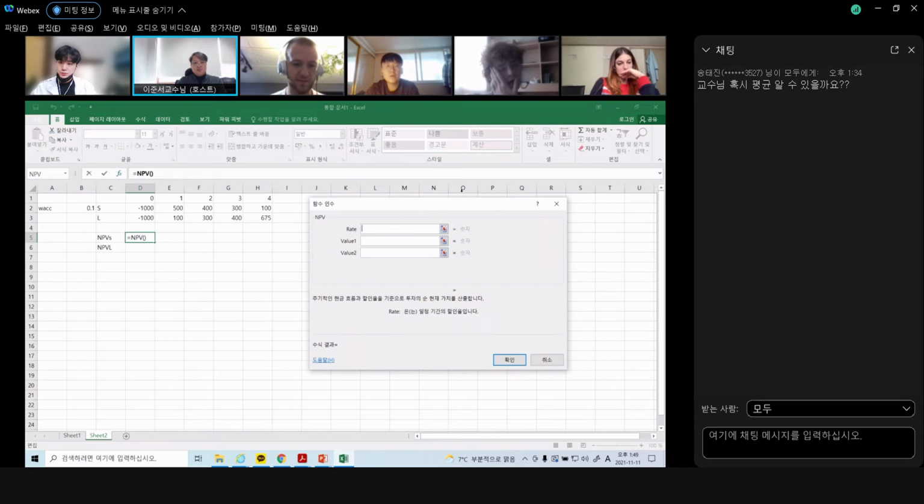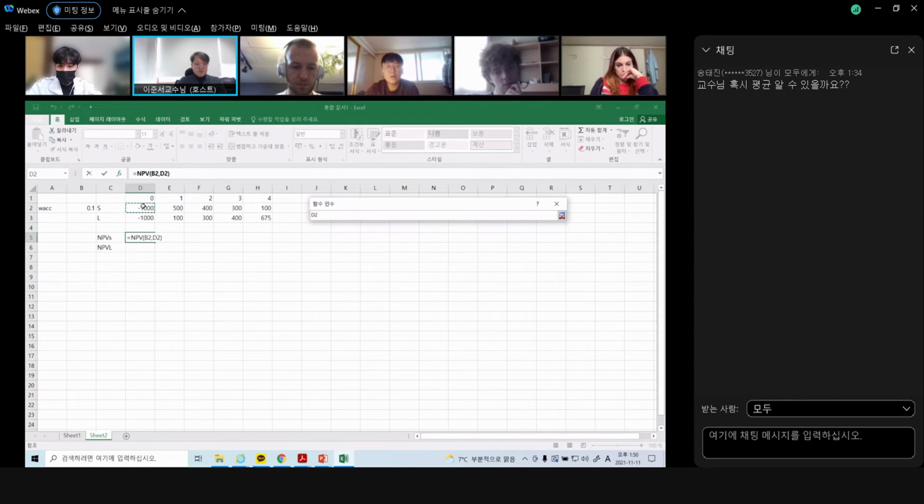Here you go. We need the WACC, discount rate 10%, and the values are from today's cash flow to the cash flow at the terminal date.